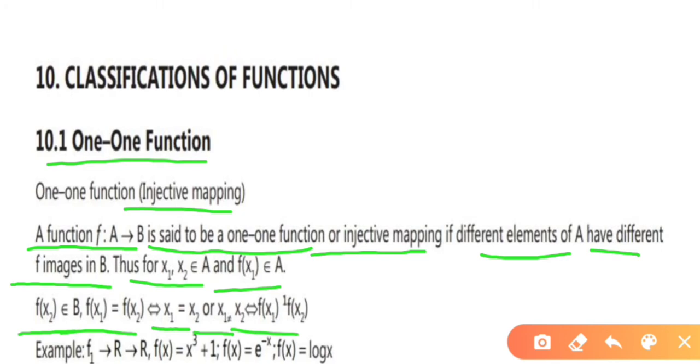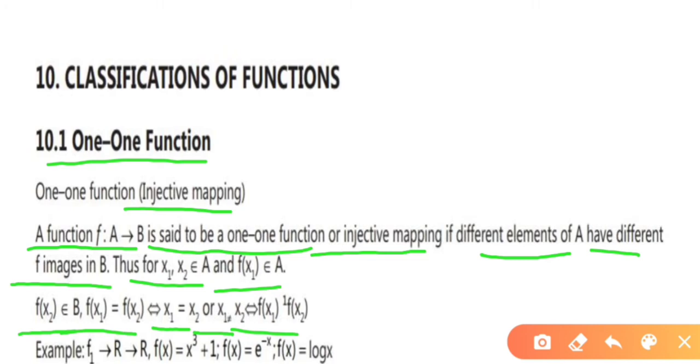For example, f from R to R, f of x equals x cube plus 1, f of x equals e to the power of minus x, f of x equals log x. This is a simple example.